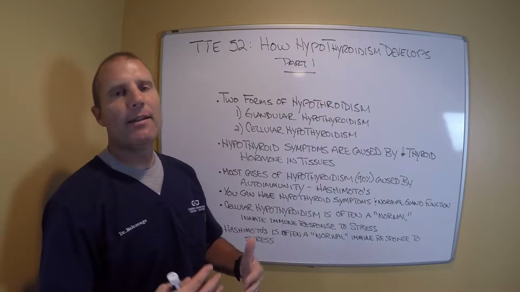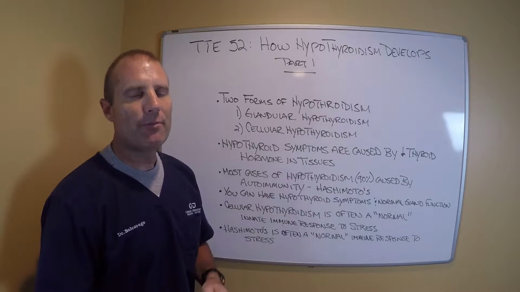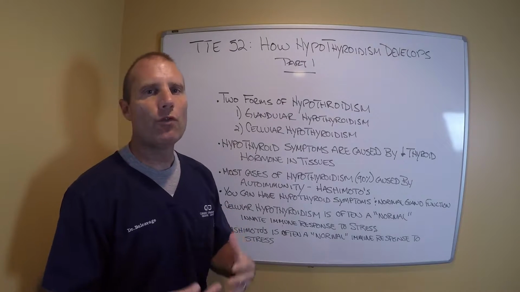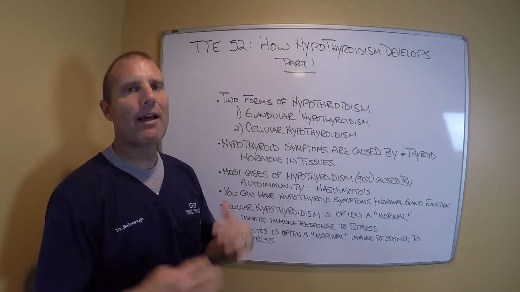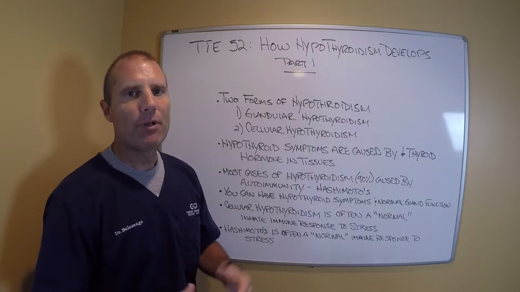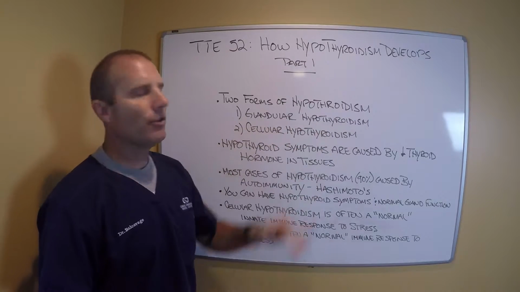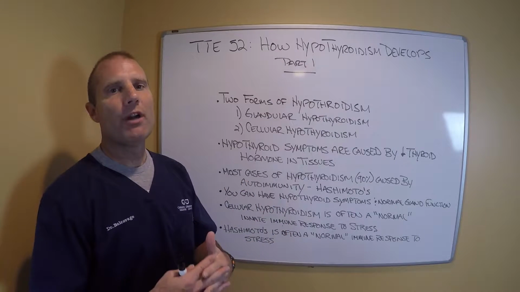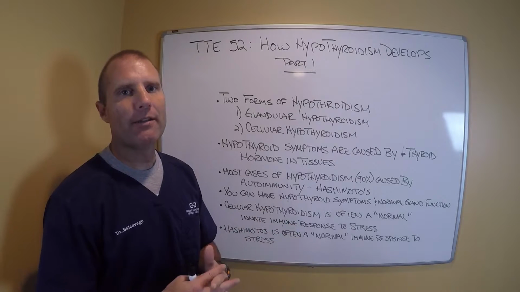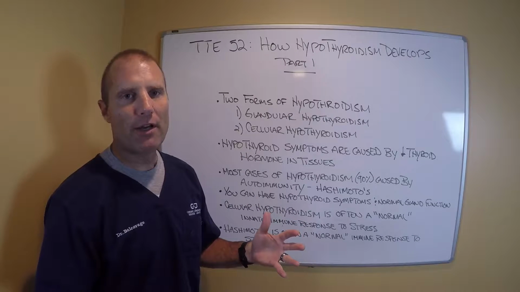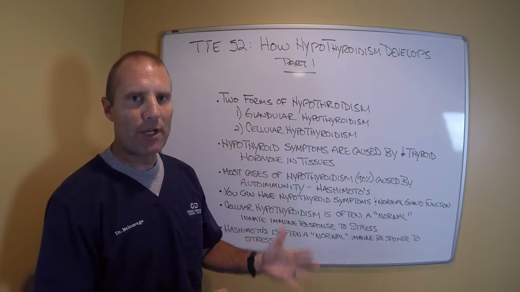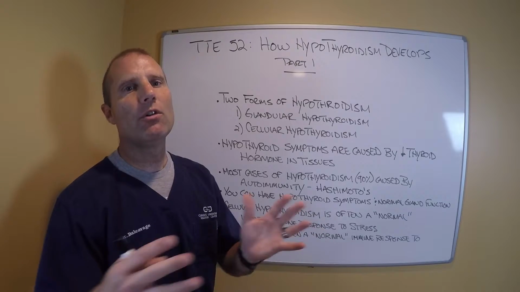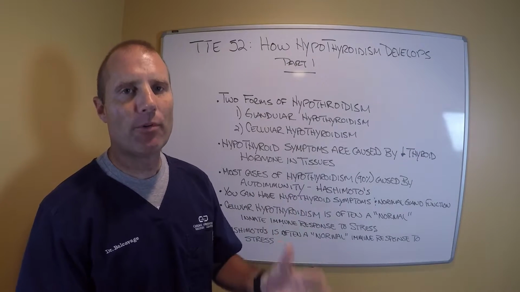Before we can dig into the meat and potatoes of why hypothyroidism develops, we have to keep in mind a couple of key points. The first is that there are typically two forms of hypothyroidism. You may hear about a lot of different patterns, but really it comes down to two things. There's glandular hypothyroidism, when the gland cannot produce enough thyroid hormone, so there are lower serum or plasma levels of thyroid hormone, and therefore lower levels in the peripheral cells.